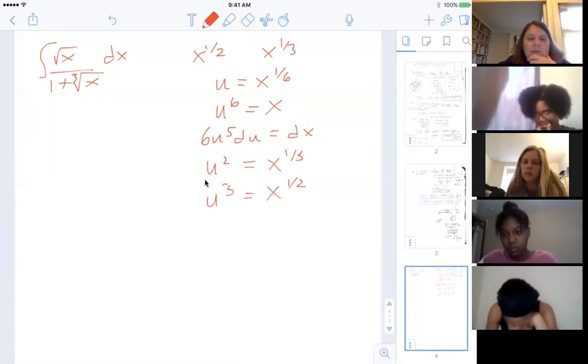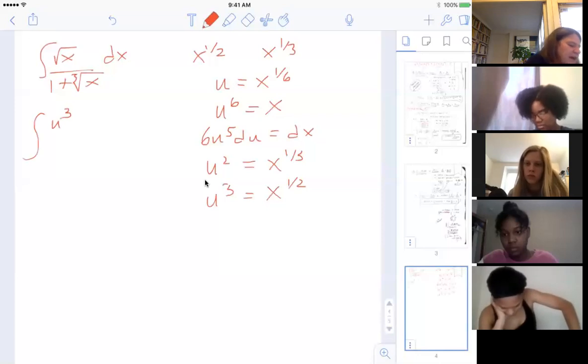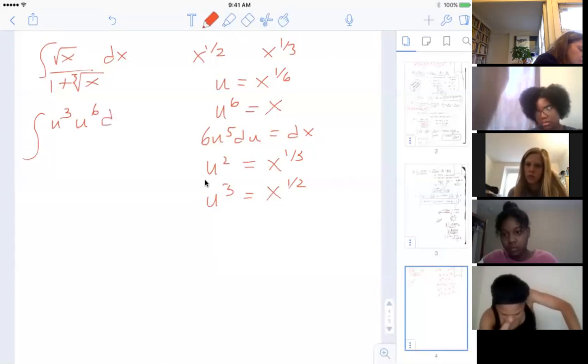So the square root of x was u cubed. The dx was u to the 6th du. Is that right? No, I screwed that up. Wait a minute, that's not right.